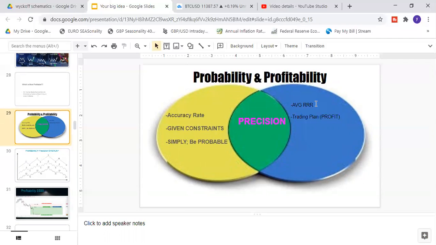And then when it comes to profitability, you're dealing with the ability to profit, the equation for calculating how profitable that investment or that order can be, right? And we're dealing with your average risk to reward relationship per order and your trading plan.